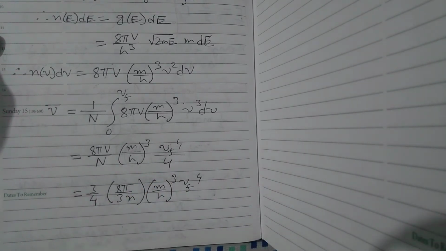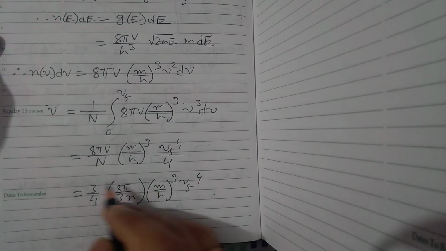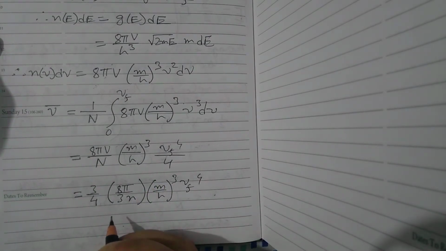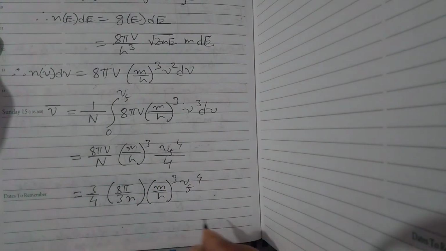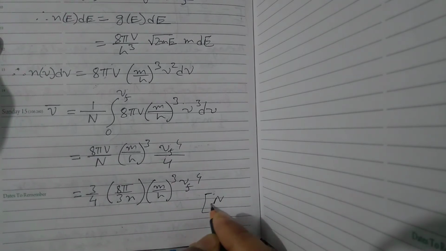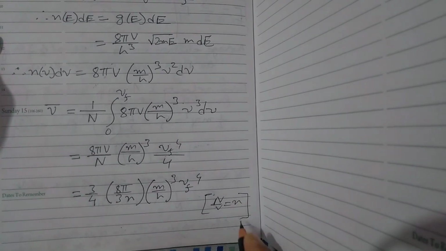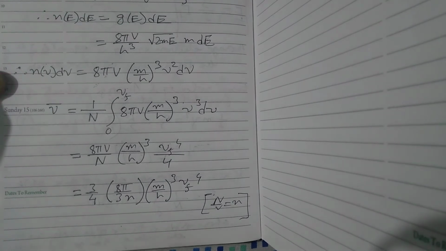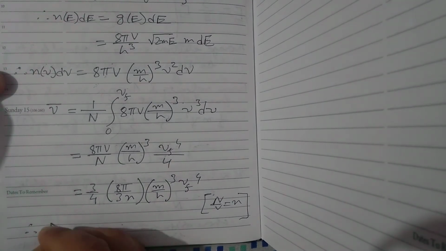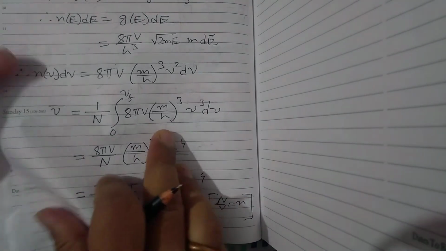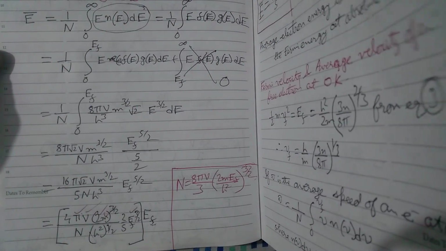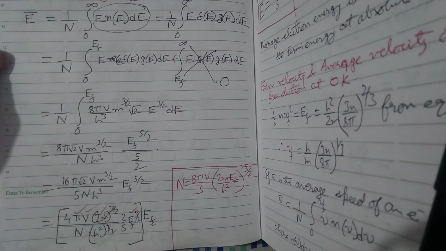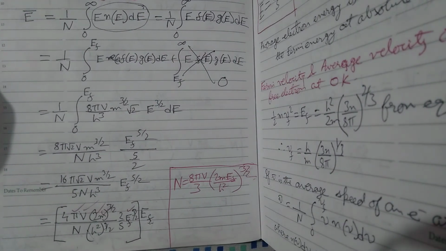I am already taking the 4 into account. So where n by V is equal to small n. Therefore here vF cube. Again, here vF cube, where have we done vF cube?